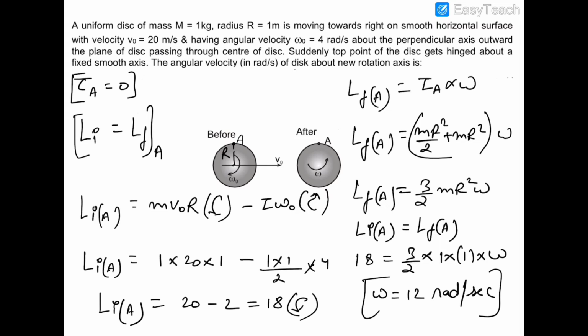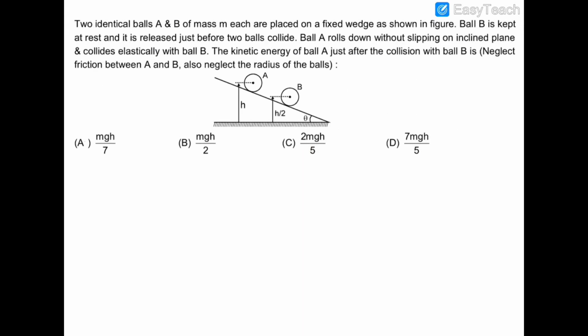Now let's move on to the next question. In this question, there are two balls A and B which are of same mass, same size and same shape. The ball A is kept at a height of h above the ground and ball B is kept at a height of h by 2 above the ground. Now this inclined plane has some friction, so that these balls will always roll purely, and A is released and A will strike the ball B elastically.